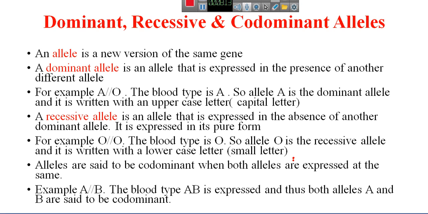Because I have two different alleles, A and B, on pair number 9, my RBCs, as you have seen in the previous slide, have both proteins present, and thus both alleles are expressed, and this is why my blood type is said to be blood type AB, and this is the single case that represents codominant alleles. And therefore, three terms should be kept in mind: a dominant allele, a recessive allele, and a codominant allele.